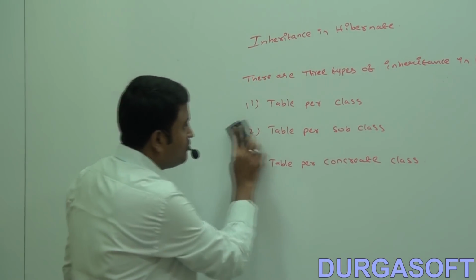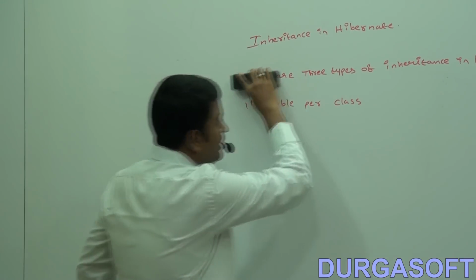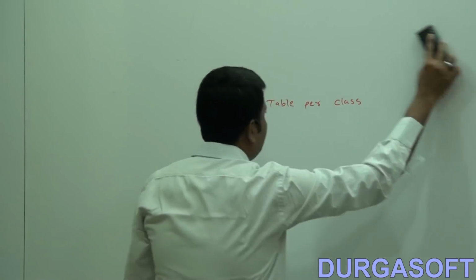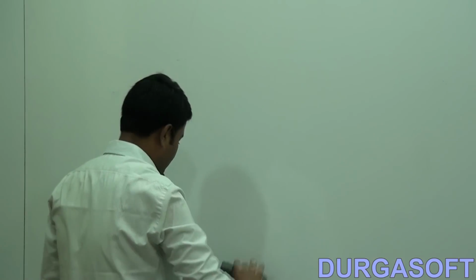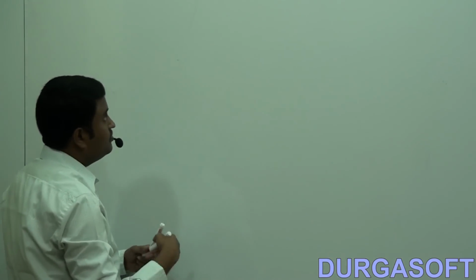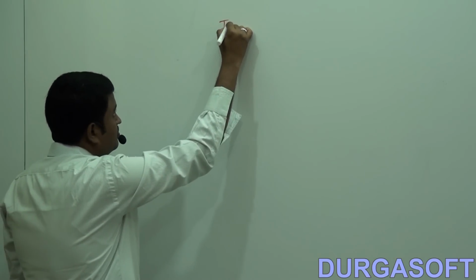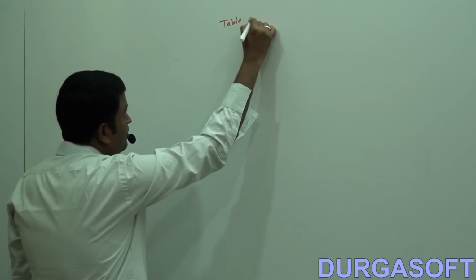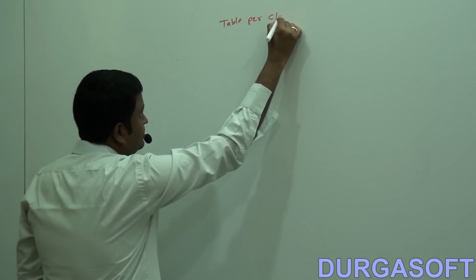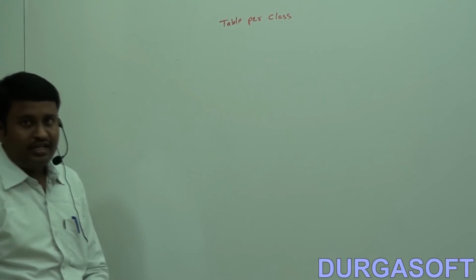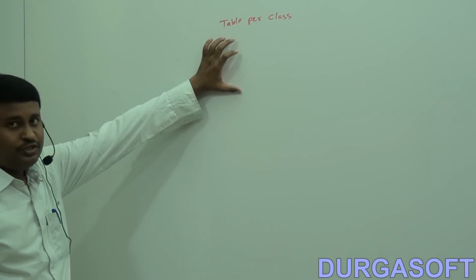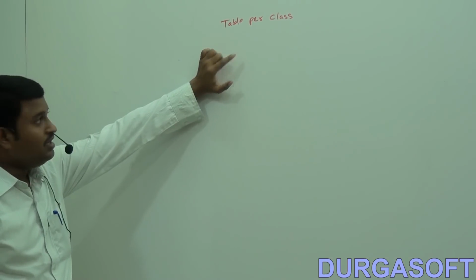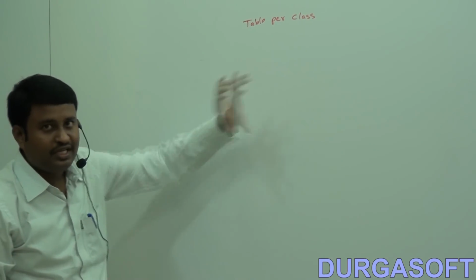First one, table for class hierarchy. In this hierarchy, we store both parent data and child data into a single table.